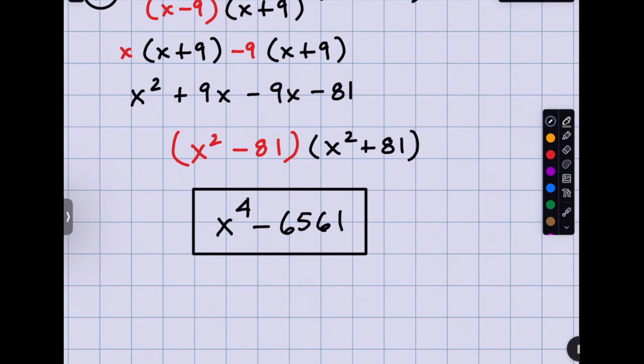Combine like terms. Getting it? Okay. Any questions? 65.61, negative.